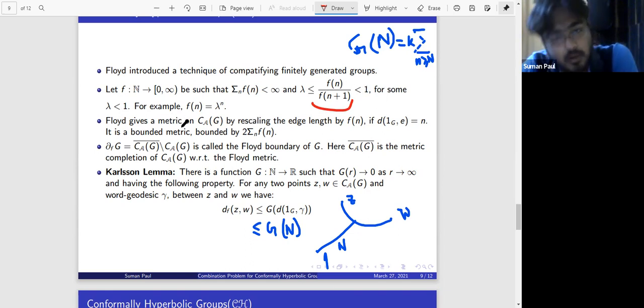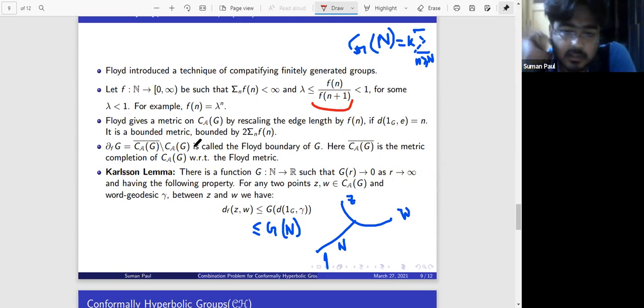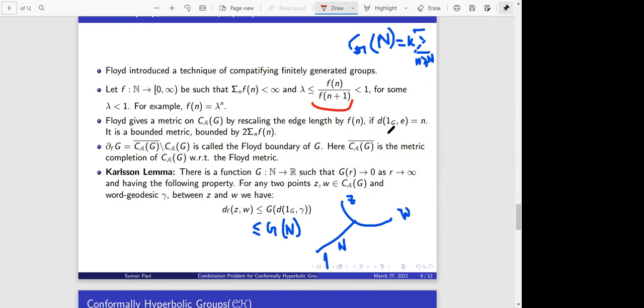Fine. And now for the Cayley graph, you give edge length 1 to each edge. Here, you rescale the edge length by fn if the edge is at distance n away from the identity. So basically, if the edge is far away from the identity, then its length will be shrunk by this factor lambda to the power n.